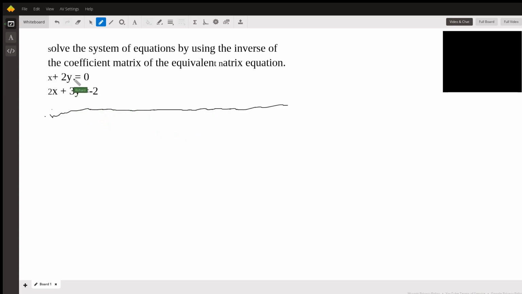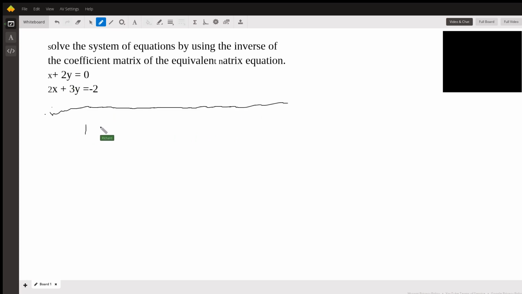When you put this into matrix form, you're going to have a 1, 2, 2, 3 times x, y equals 0, negative 2.